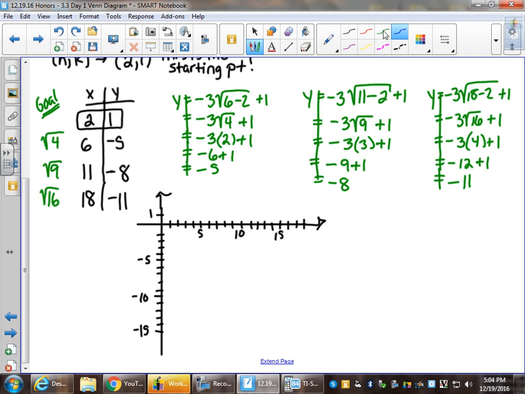Now we're just going to plot our points. So 2, 1, 6, down to -5, 11, down to 8, and I might just put a tentative dot. 6, 7, oh, see, 8 is supposed to be a little lower, more like right there.